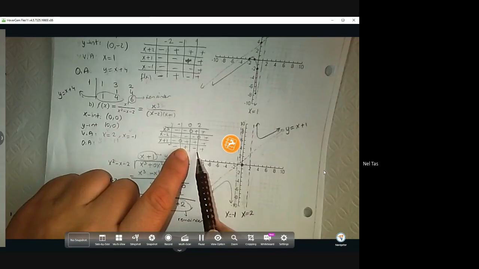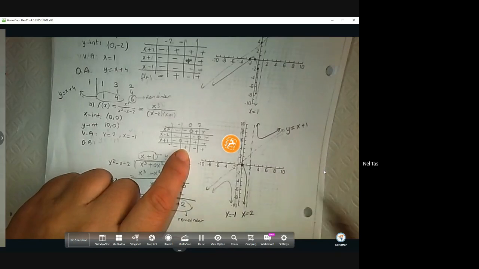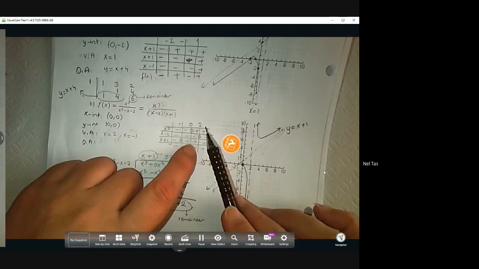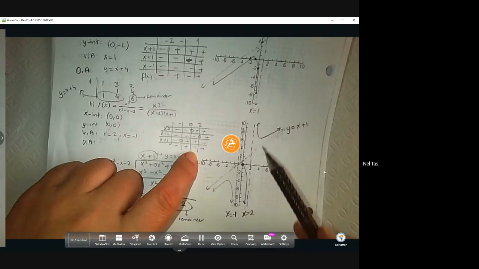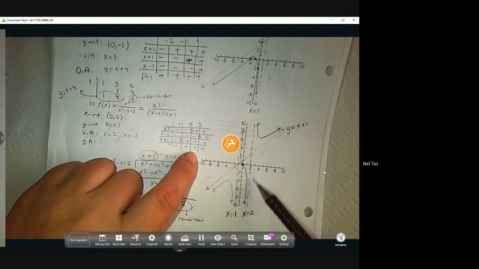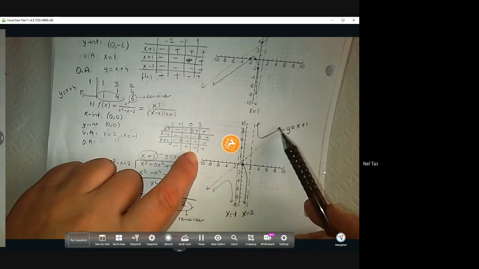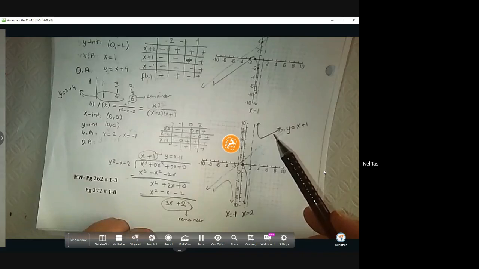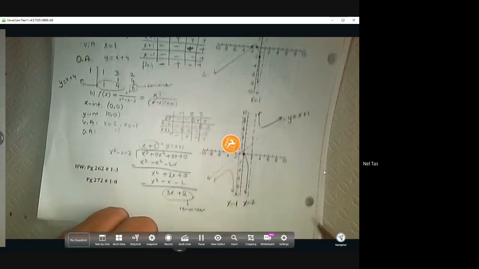Between 0 and 2, the graph has to be negative, so you have to stay below the x-axis. When x is greater than 2, the function has to be positive. Again, if you sketch it here, half part is positive, half part is negative. Okay. So therefore, you have to sketch it there. Okay. Yeah, that is the end result now.